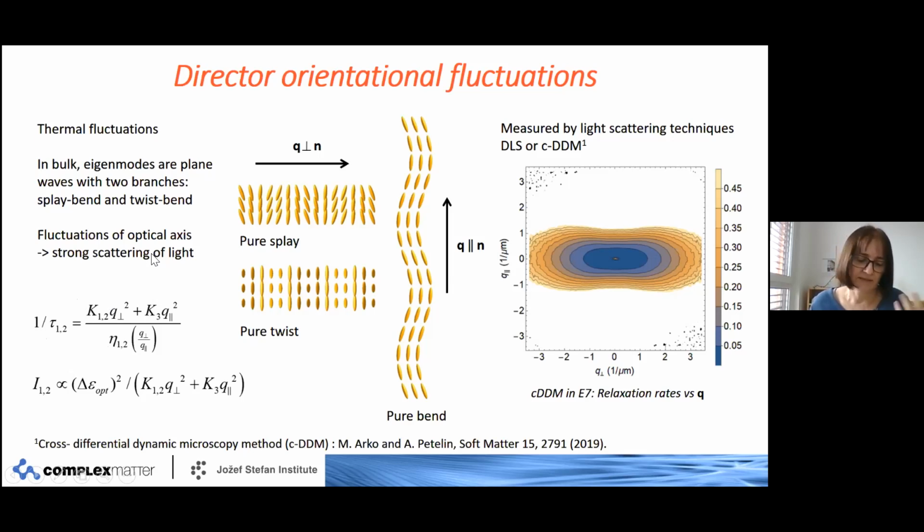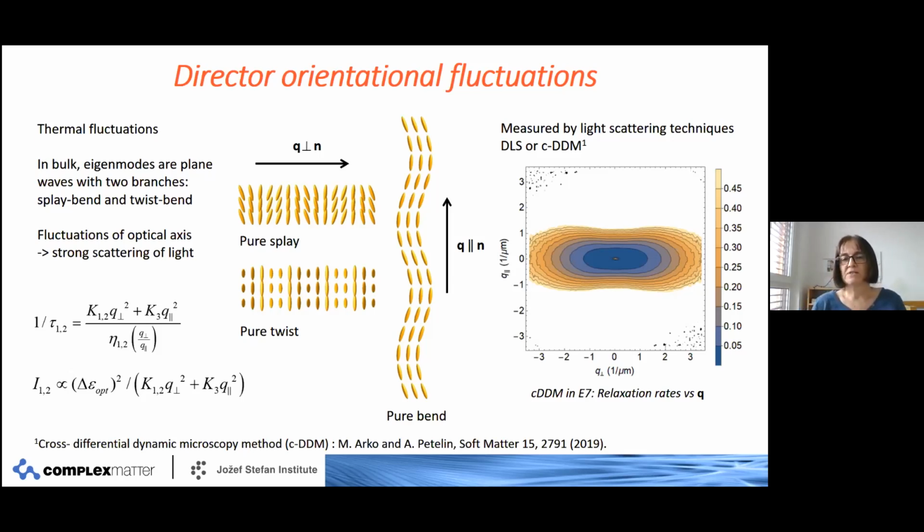I already said that nematic liquid crystals are birefringent. They are optically uniaxial with optical axis parallel to the director, which means that the director orientational fluctuations will be fluctuations of the optical axis, which causes strong scattering of light.